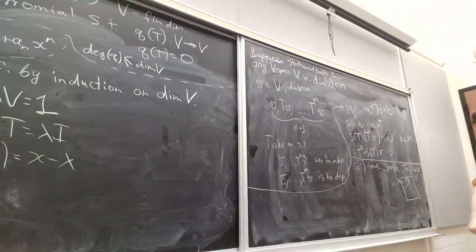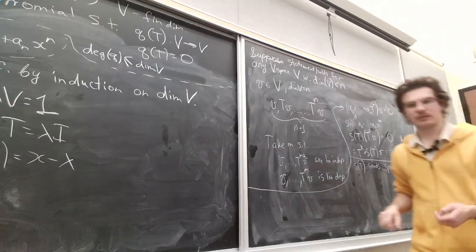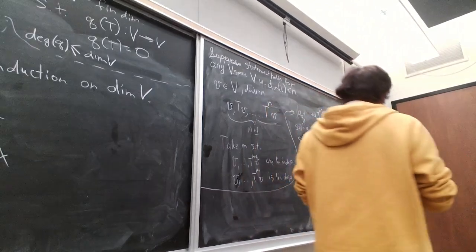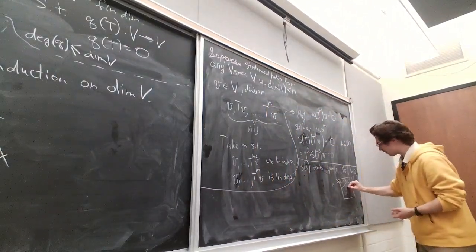Okay, very good. But now, what can I do? I can just look at the rest of the vector space. The rest of the vector space is going to have what dimension? N minus m, that's right. So this has dimension n minus m.